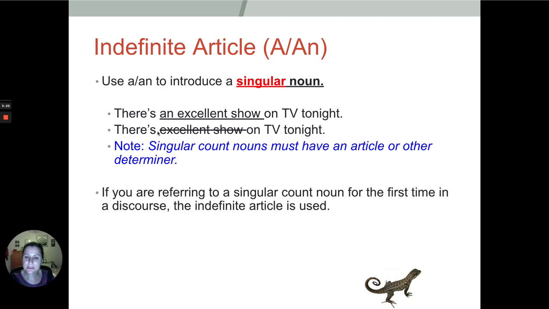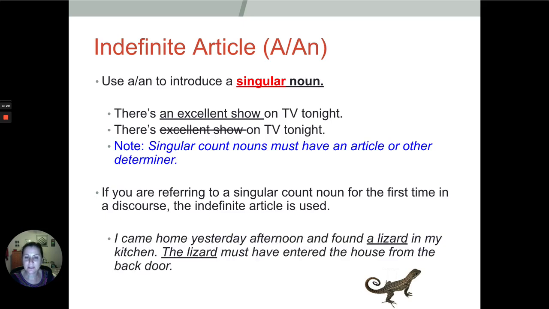If you're referring to a singular count noun for the first time, the indefinite article is used. Like, I came home yesterday afternoon and found a lizard in my kitchen. So a lizard. The lizard must have entered the house from the back door. This is the second time I'm mentioning it.